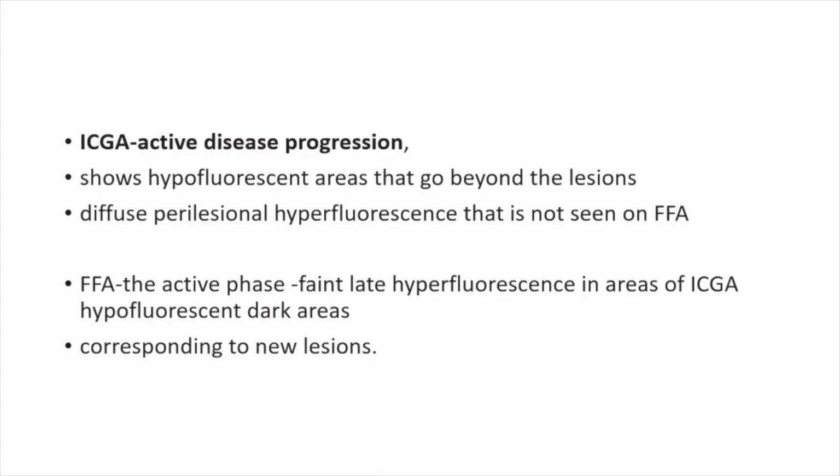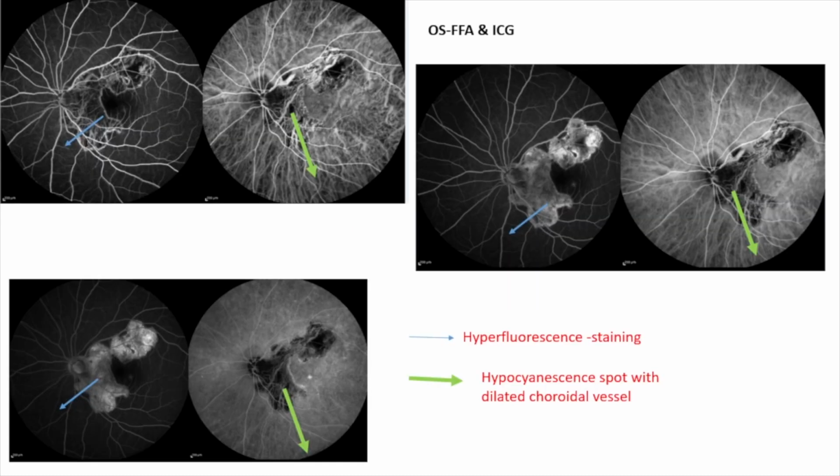So in ICG, the activity is indicated by hyperfluorescent areas that go beyond the lesions with diffuse perilesional hyperfluorescence, which is not seen on FFA. And in FFA, the active phase shows faint late hyperfluorescence, which is seen as hypocyanescent patches in the ICGA.